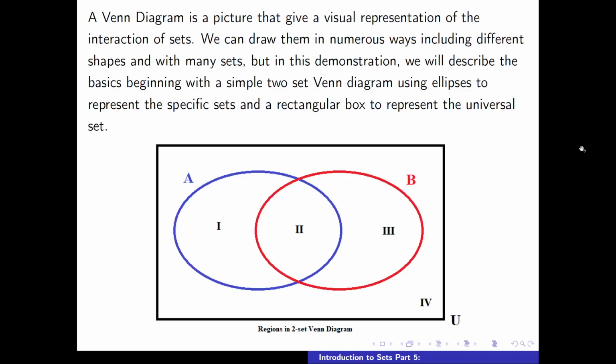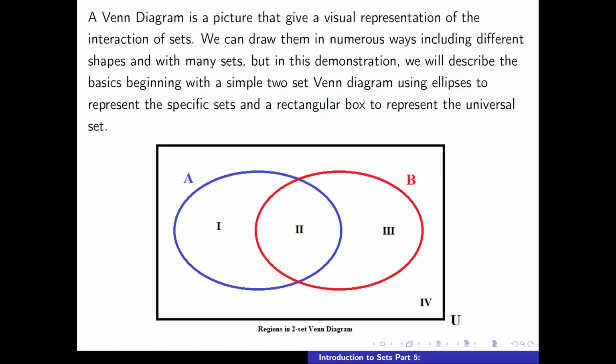Okay, so let's begin. A Venn diagram is a picture that gives a visual representation of the interaction of sets. So it gives a visual representation of the elements of the set, especially in context to the universal set, and also how the sets interact with each other.